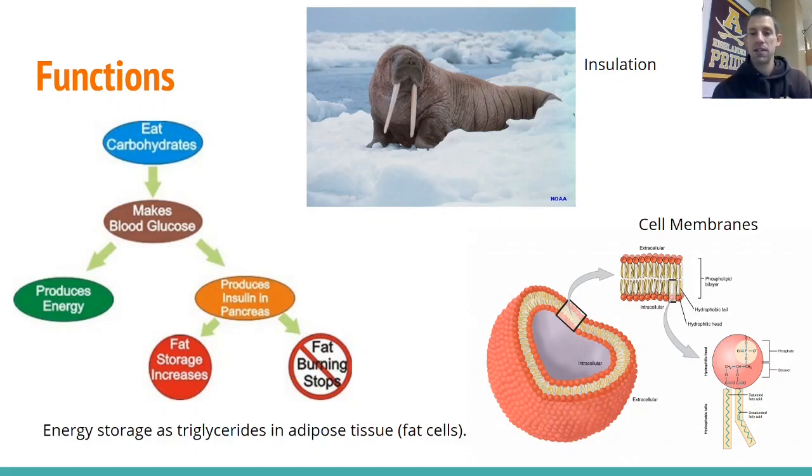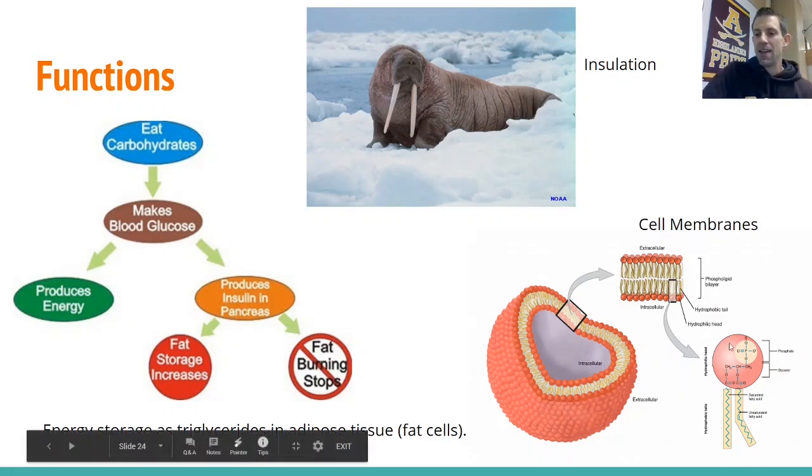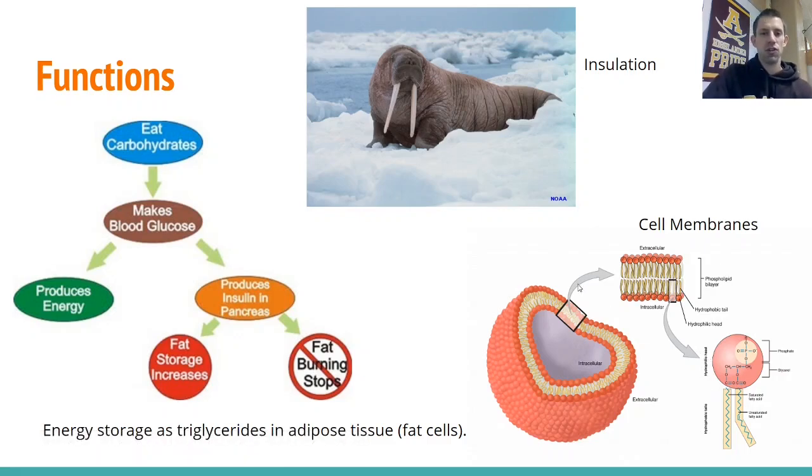We're going to go into more detail on the chemistry of these cell membranes, but they're made of a structure that's called a phospholipid. And there's a phospholipid that's shown right here in this bottom right corner. They have a unique type of chemistry in them, and part of it is polar, and the other part of it's nonpolar, which again gives these cell membranes some really unique features. We'll dig into the cell membranes in more detail later. But for now, I want you to know that lipids do compose cell membranes.